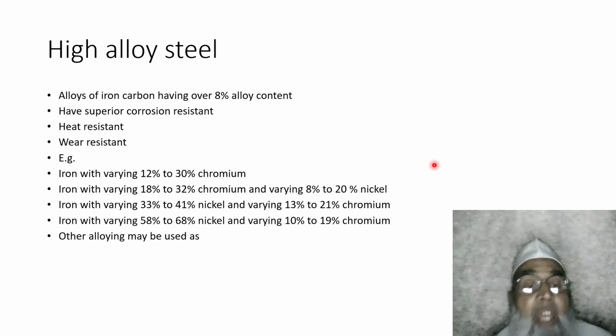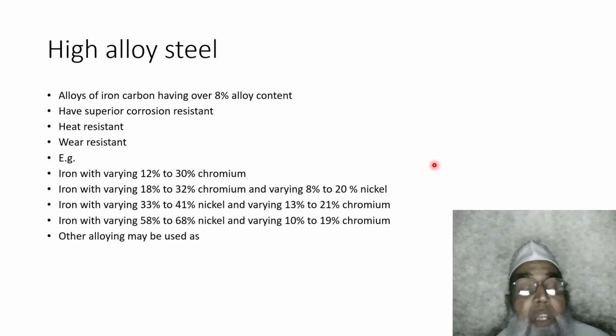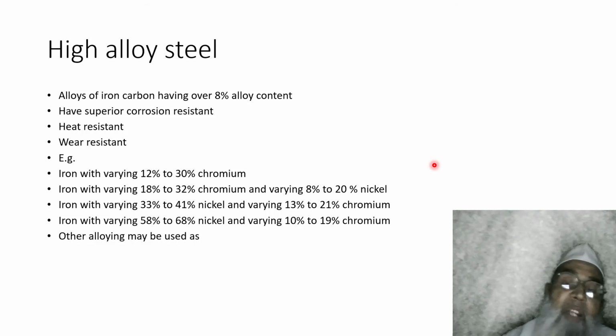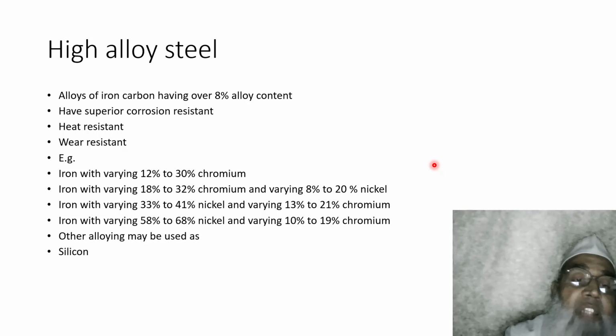Similarly, other alloying elements may also be used depending upon requirement, and that can be silicon, molybdenum, aluminum, etc.